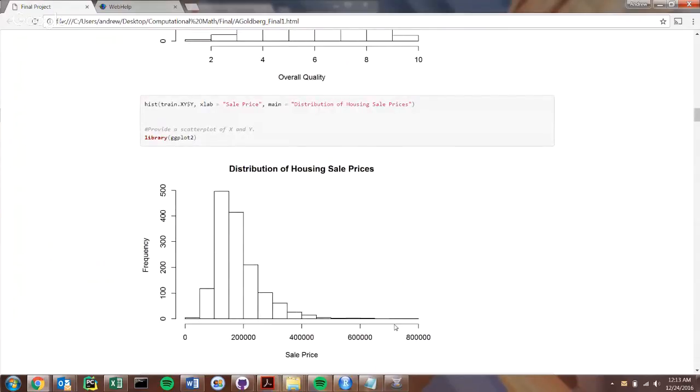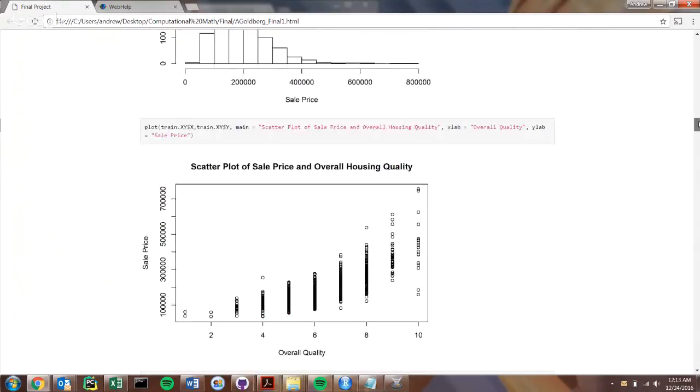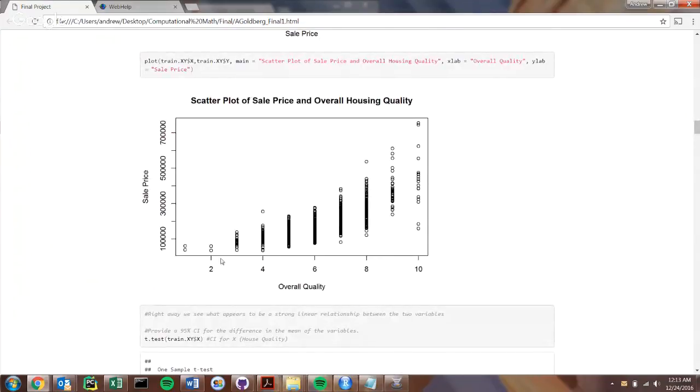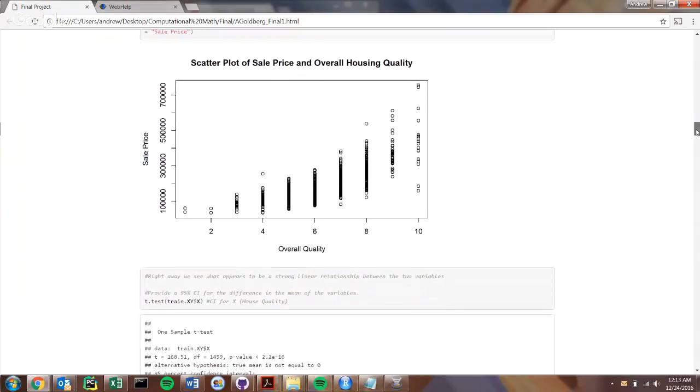It's more rare for one of the higher price houses to get sold or to exist, I would say. If you go a little bit further down, we can see again on a scatter plot, there's an upward slope. So again, they're very likely to be dependent variables with a notable linear relation.